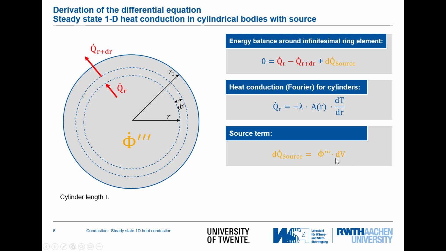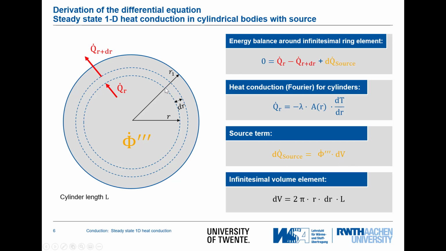So we have to make sure that this dV is equal to the volume between those two dashed lines. And we can calculate this infinitesimal volume element by 2 pi r, which is the circle, times dr, which gives us an area. And of course, if we multiply it with the length of the cylinder, we come up to a volume.